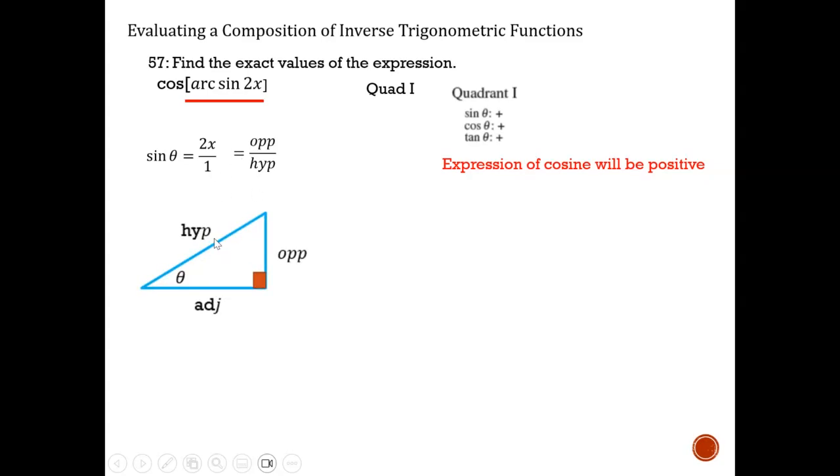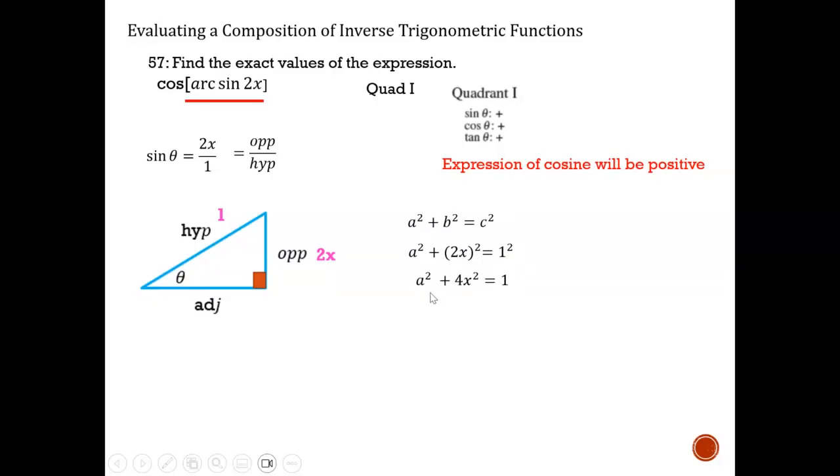From there, we get a triangle. Opposite is 2x. Hypotenuse is 1. So we're searching for the adjacent. Again, we use the Pythagorean theorem. So a squared plus b squared equals c squared. So we're going to plug in 2x for b. So we have a squared plus 2x squared equals 1.